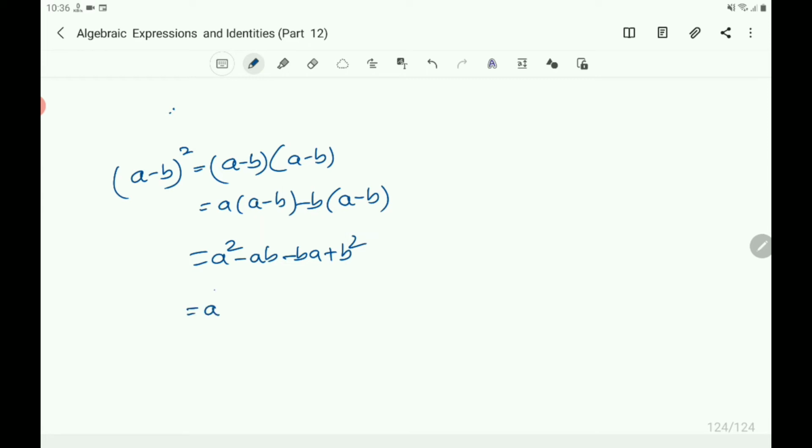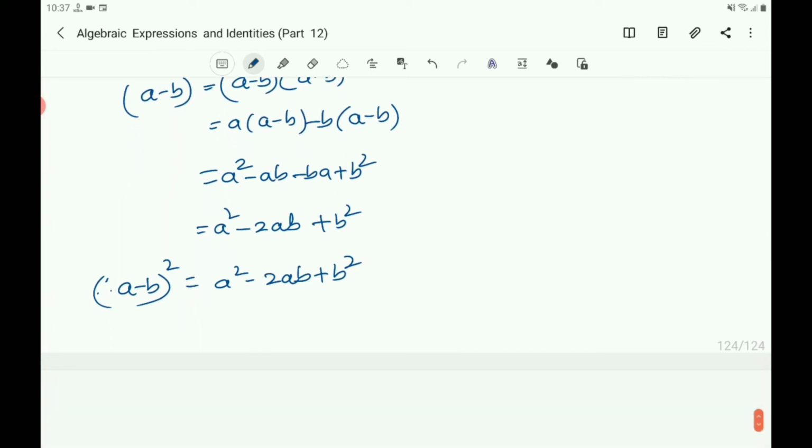You got that minus ab and minus ba are like terms, they are having the same negative sign, add them. So you will get minus 2ab plus b square. Therefore you got that a minus b whole square equals a square minus 2ab plus b square, and this is also true for all values of a and b. So it is an identity.